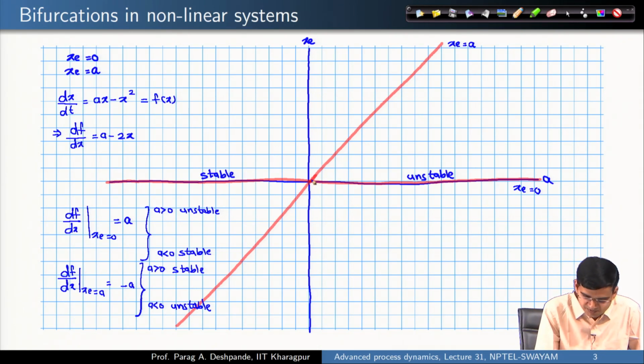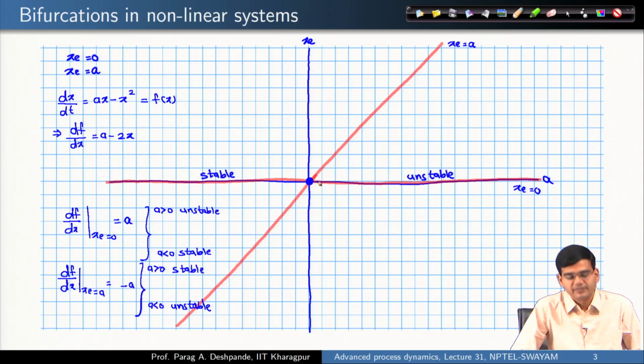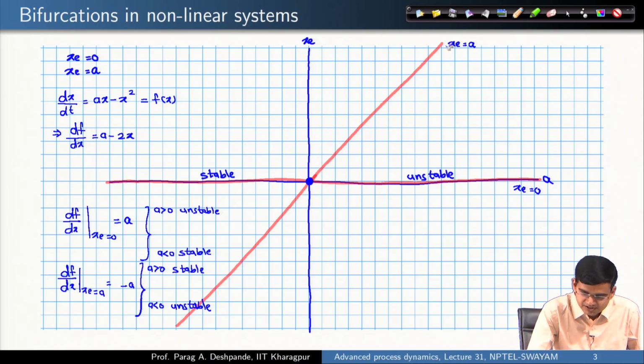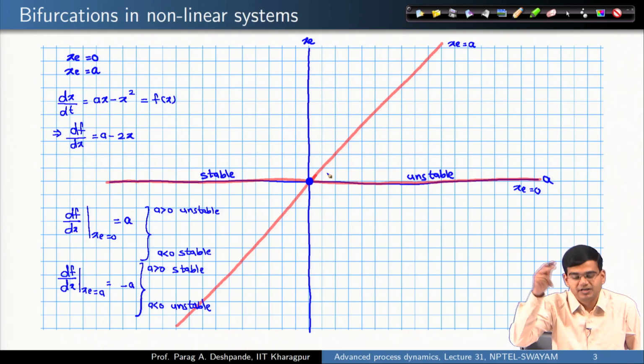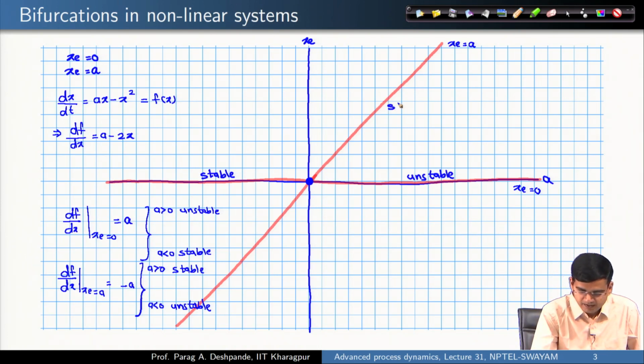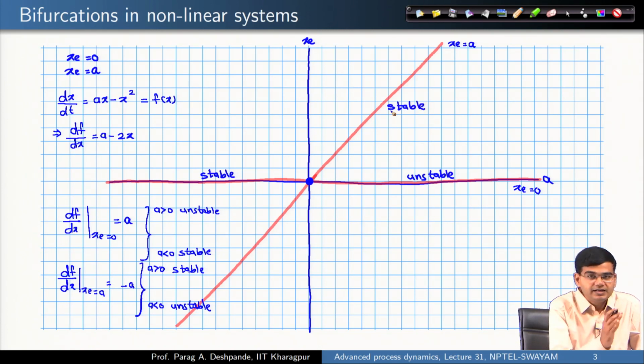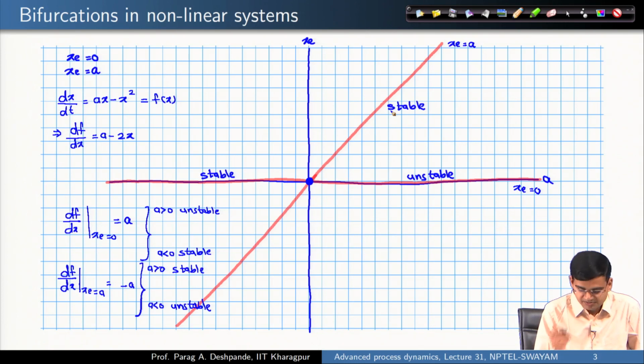So, about this point I determined the stability. What about the x is equal to y line or x e is equal to a line? For a greater than 0, I have stable, which means this part, the upper part is stable, and a less than 0 is unstable. So, this part is the unstable part.